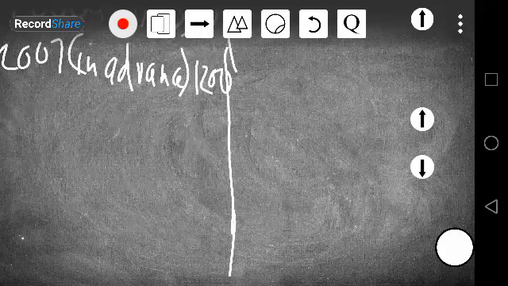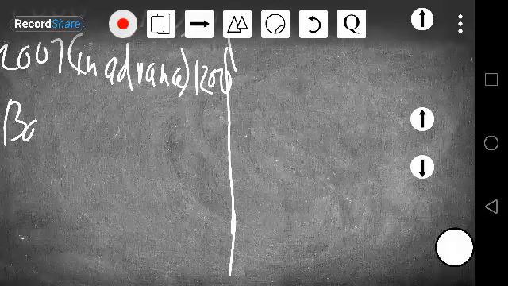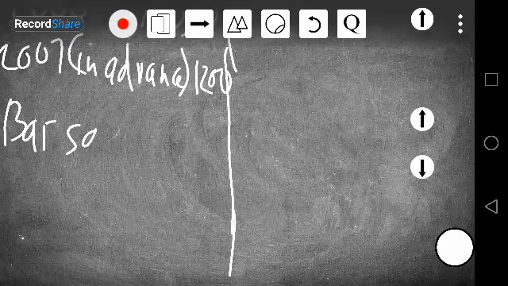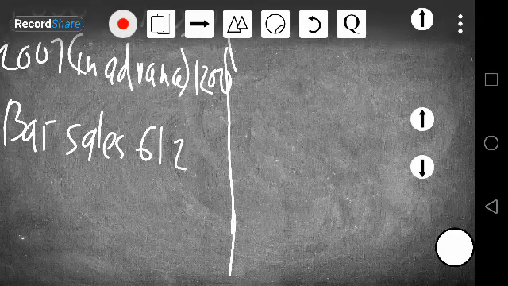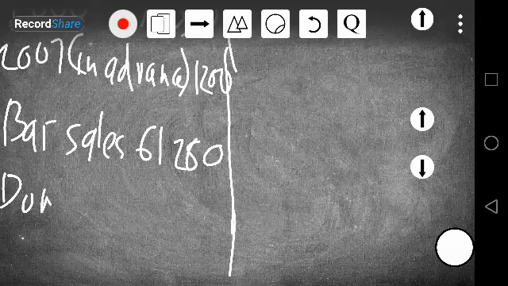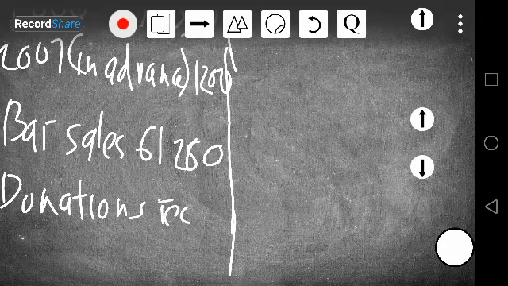Then bar sales, we have 61,280. Then donations received, we have 800.